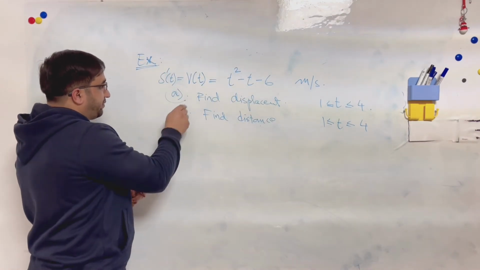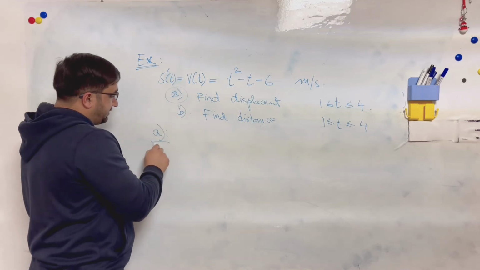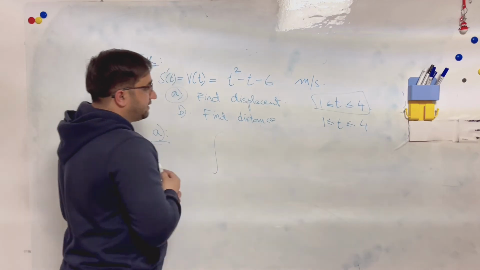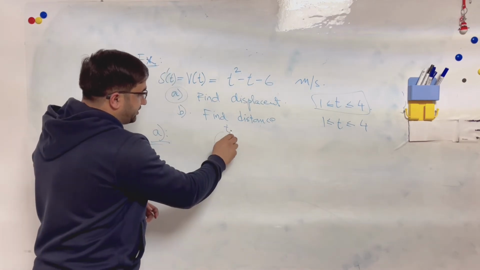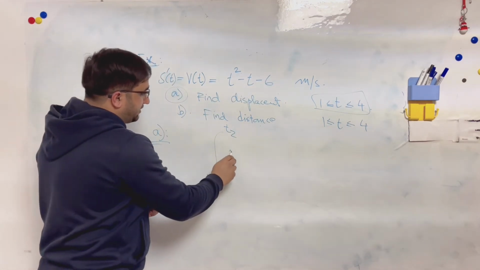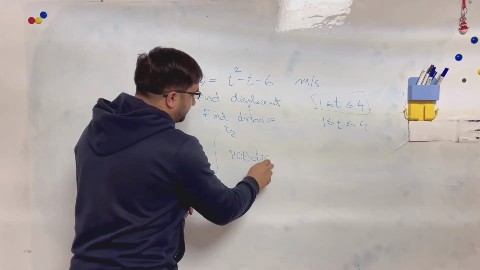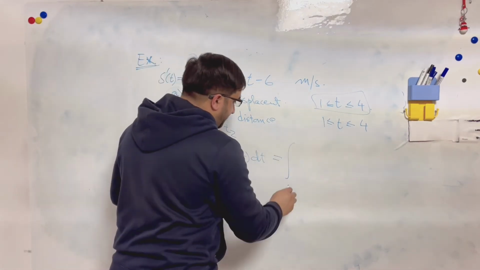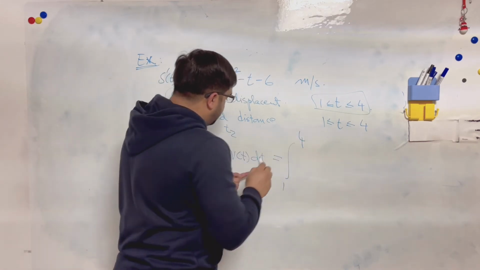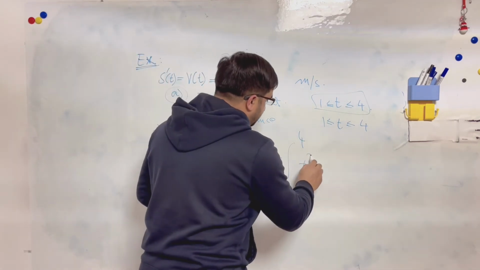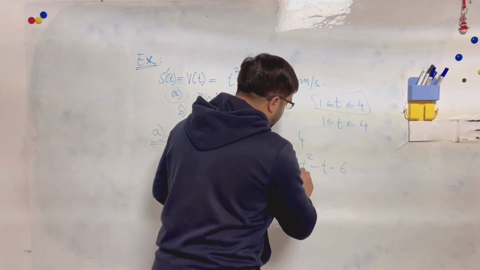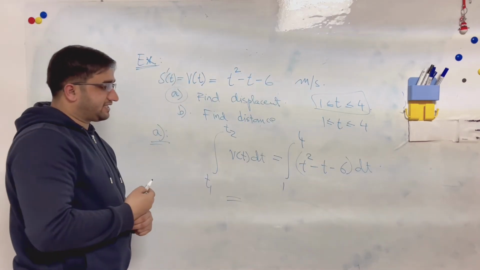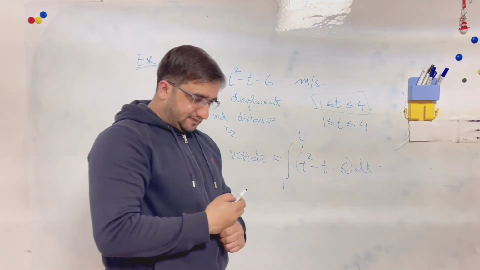So for part A, I simply need to plug in the integral. The time interval is t1 to t2 and the velocity function v of t into dt. So this is the formula which I already know. t1 is 1, t2 is 4, the velocity function is t square minus t minus 6 into dt. A very simple integral.